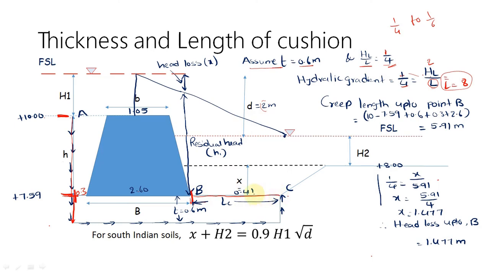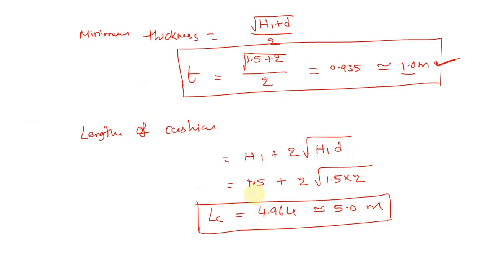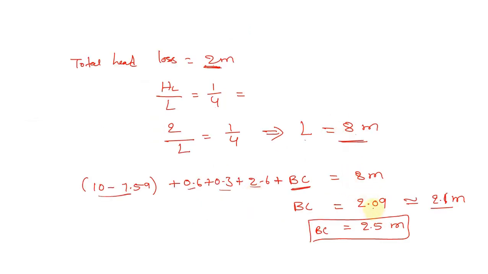It means to dissipate the whole energy we require 8 meters. But the length of BC required is 2.09 meters. So I am going with BC equal to 2.5 meters, the length of the cushion, LC.